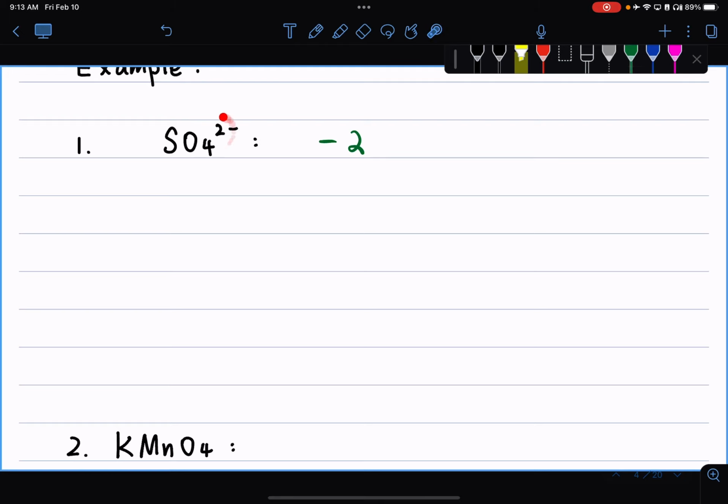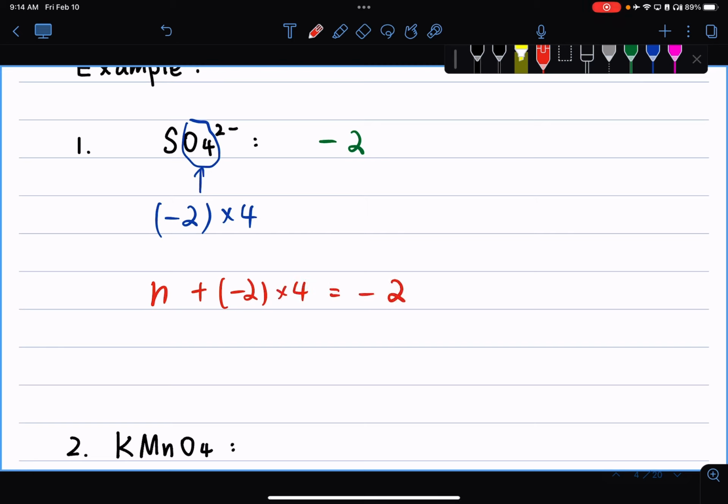We don't know the oxidation number of sulfur, but we have 4 oxygen, likely to be -2 oxidation number times 4. If we solve for the sulfur, which is N, plus -2 times 4 must give you -2. So that's a quick calculation. We can get sulfur equals +6.